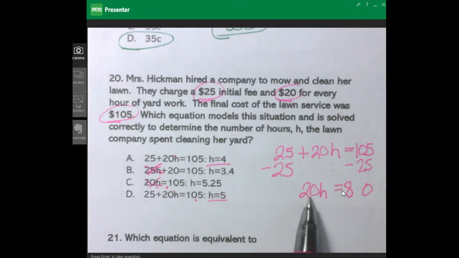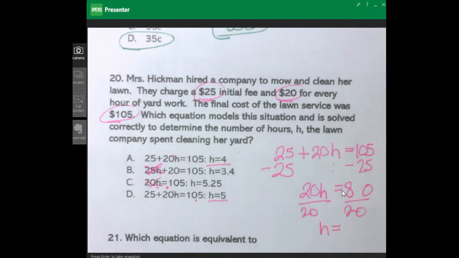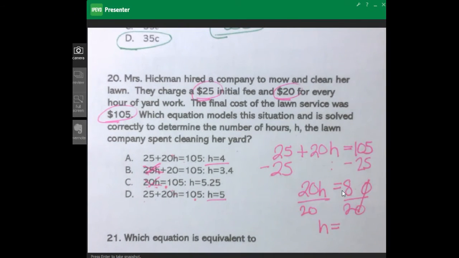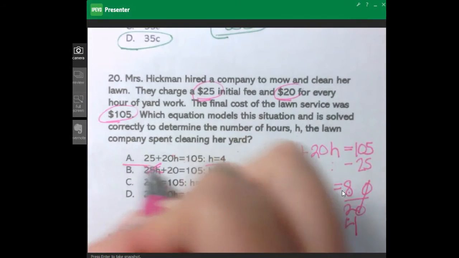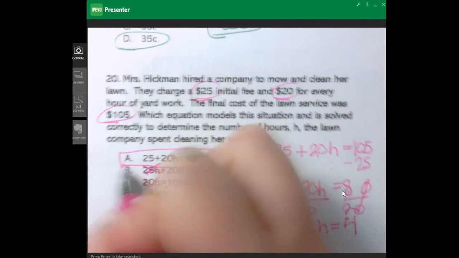Now we have multiplication happening between 20 and H, so we're going to divide. We divide both sides by 20, so we get H is equal to 80 divided by 20. Well, I know that's going to simplify down to 8 halves. So 8 divided by 2 is 4. So it did take them 4 hours.